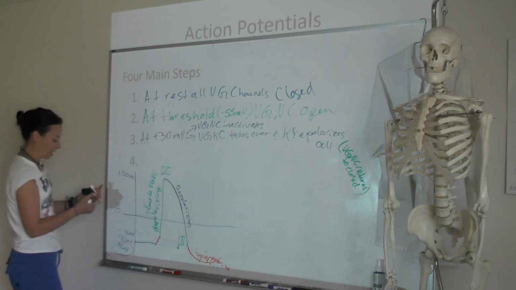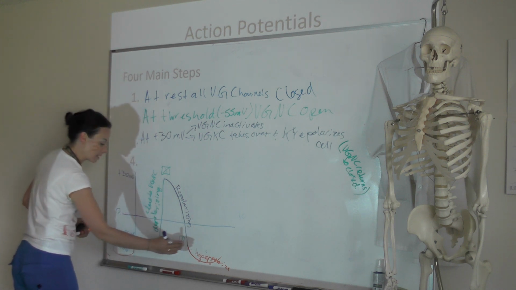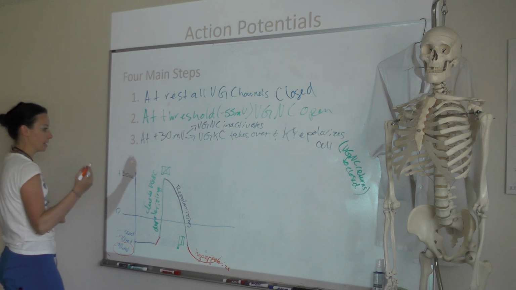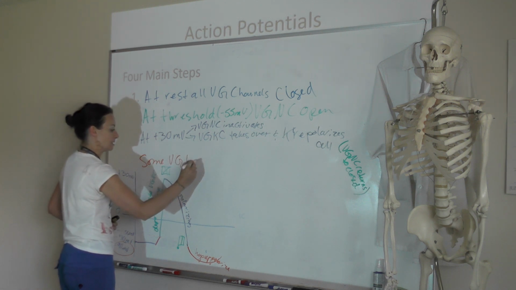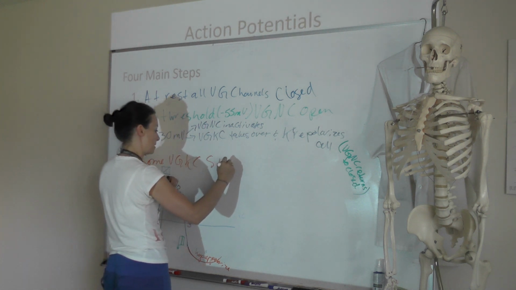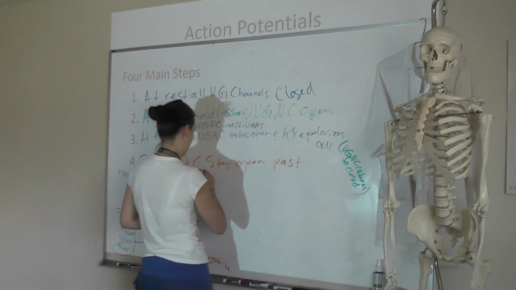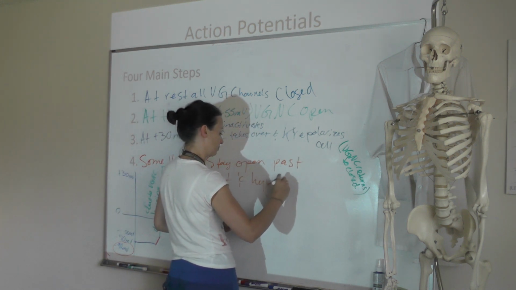That hyperpolarizes the cell, and what that's going to do is allow for what's called a refractory period. So for our fourth stage here, we'll say some voltage-gated potassium channels stay open past rest and hyperpolarize the cell.